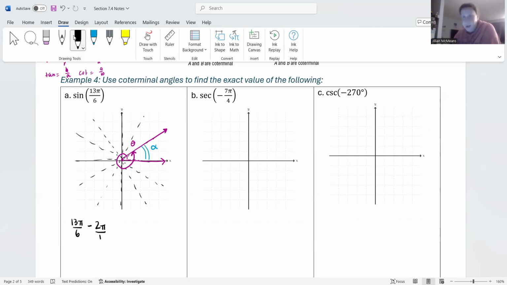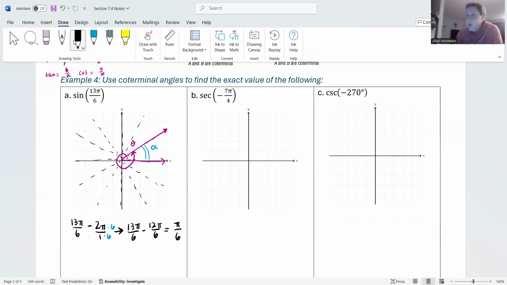So what would I multiply top and bottom by so that the denominator is 6? Well, I would have to multiply my denominator by 6 and my numerator by 6. So basic fractions, you need to be comfortable with those. So if we have 13 pi over 6 and we subtract 2 pi, that's really 12 pi over 6, meaning we did one full revolution and then we did pi over 6 more than that.